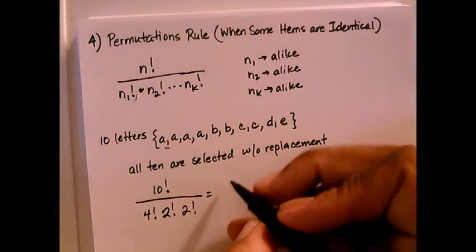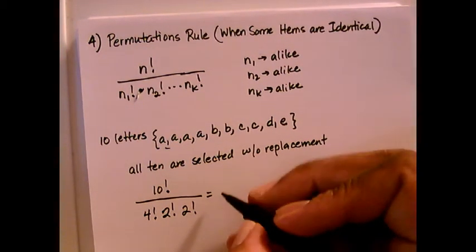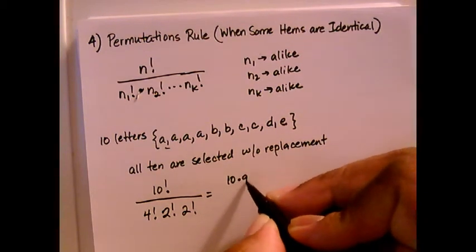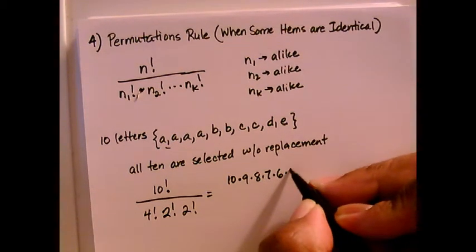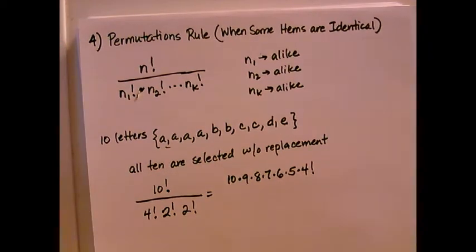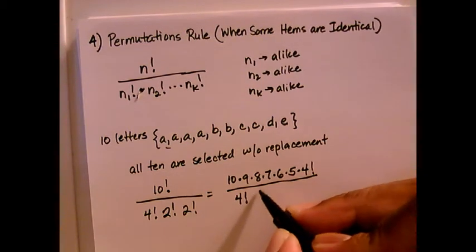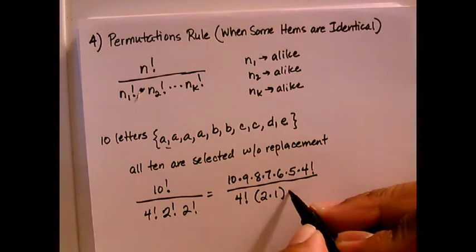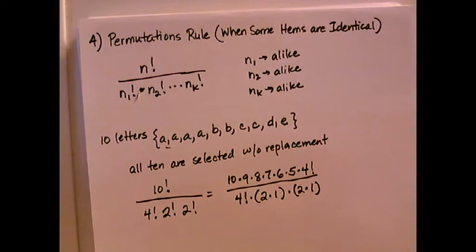Okay, so now, let's simplify this a bit. 10 factorial will be 10 times 9 times 8 times 7 times 6 times 5 times, and I'll stop at 4 factorial because the denominator has 4 factorial in it. So I'll bring down the 4 factorial and rewrite 2 factorial as 2 times 1 and the other 2 factorial as, again, 2 times 1.